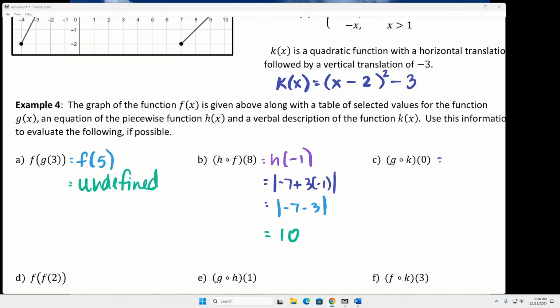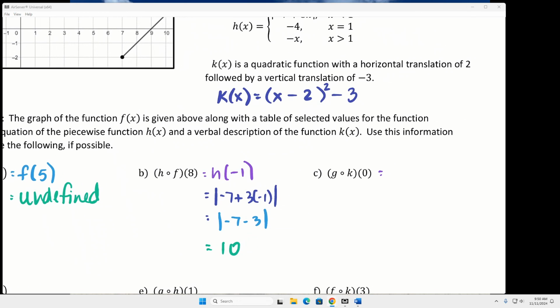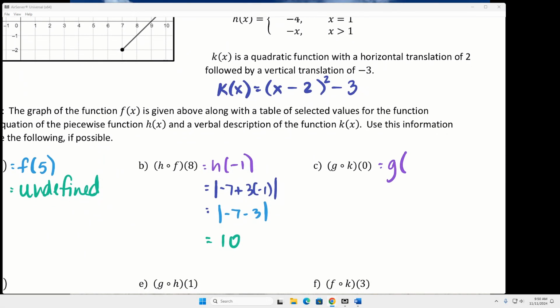Okay, I'm going to do one more with you. I'm going to let you guys do some on your own. So we're going to do g of k of 0. All right, so k is this function that we had to create ourselves from the words. So k of 0 means I'm going to make x 0, and then just simplify it down.